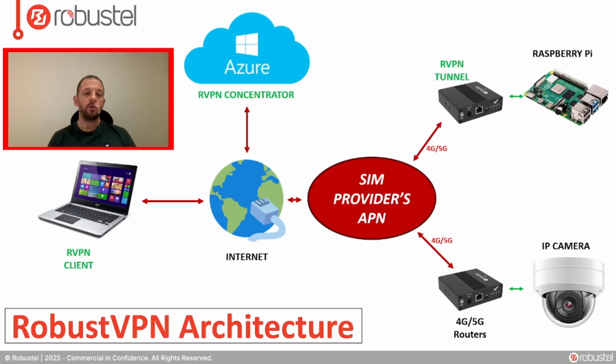When you want to make a remote connection inbound, you will run the RobustVPN client on your Windows or Linux PC, and then you make a very similar type of connection out through the internet into Microsoft Azure, Robustel's cloud platform, and basically it acts as a bit of glue in the middle.